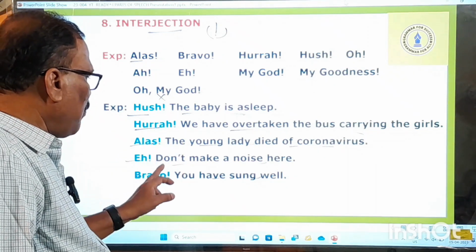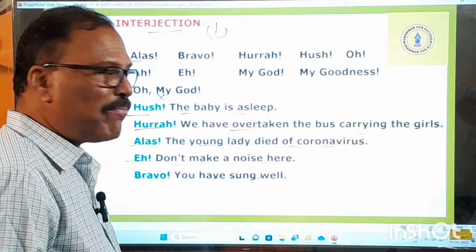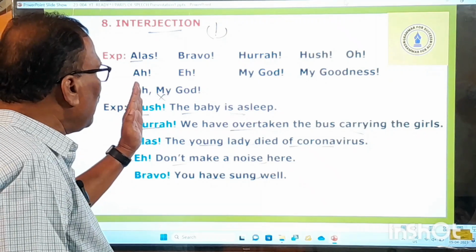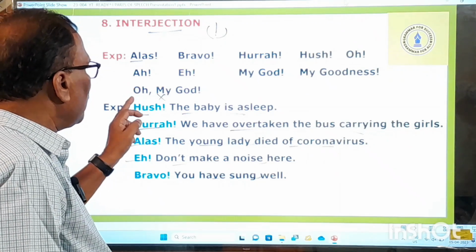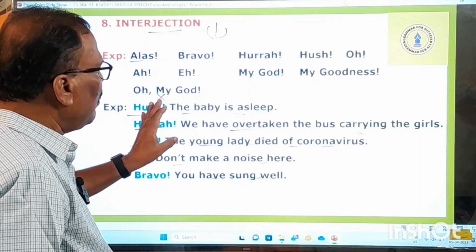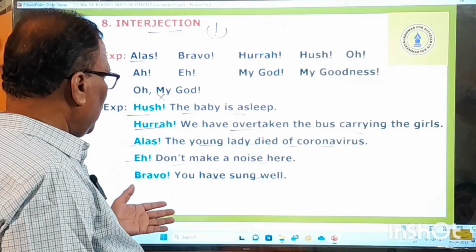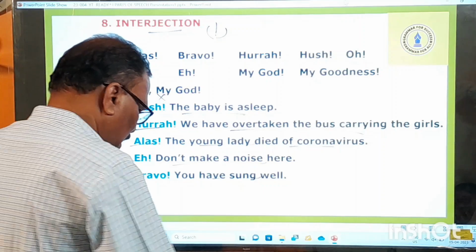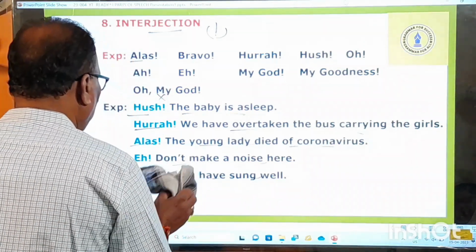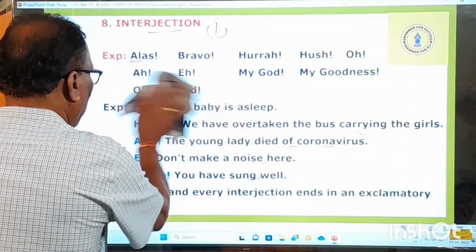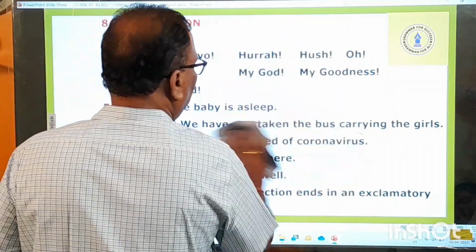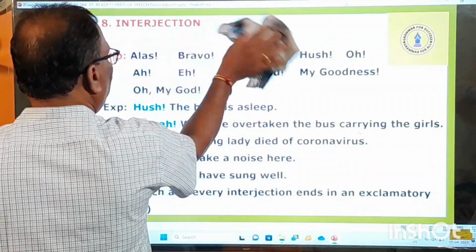All sentences have begun with a capital letter because there is no grammatical link or connection between the interjection and the following sentence. So it is simple like that, sir. This is all about interjection. So parts of speech are over.